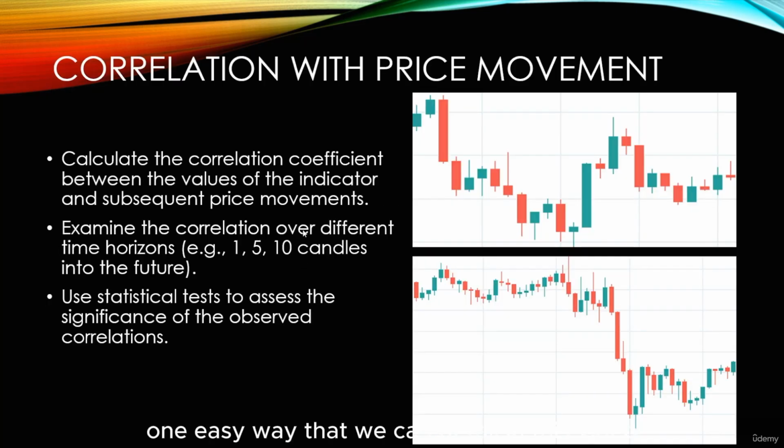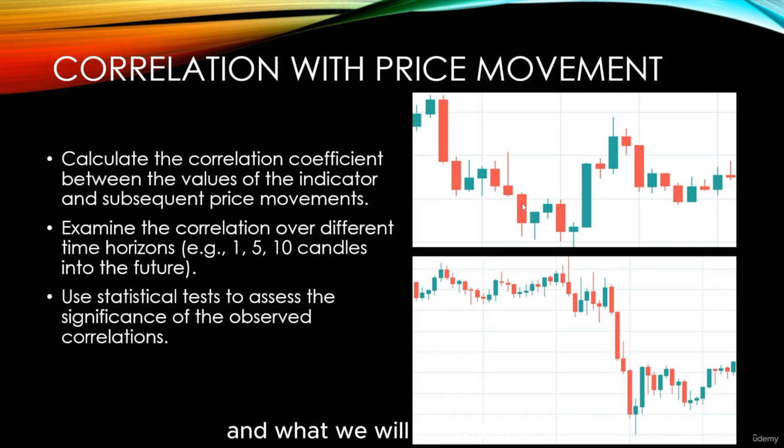One easy way that we can detail in this video to test the technical indicators is the correlation with the price movement. So what we will do is calculate the correlation coefficient between the values of the indicator and the subsequent price movements. Taking, for example, the rejection candle as an indicator, I'm taking a very simple case here, just a rejection candle happening here, which is a bearish rejection signal.